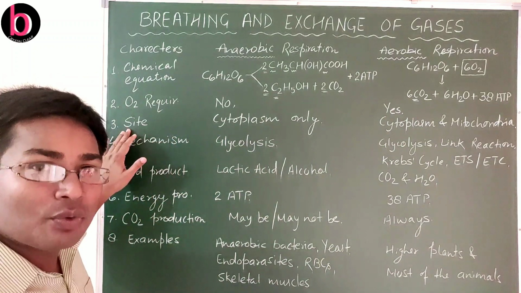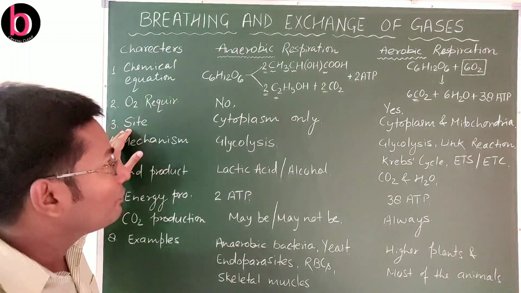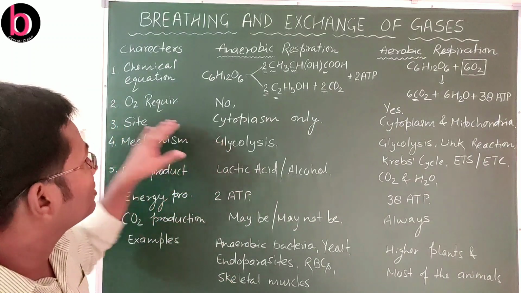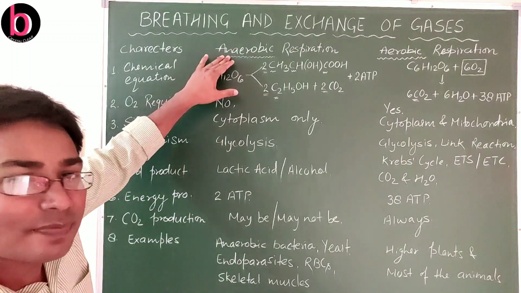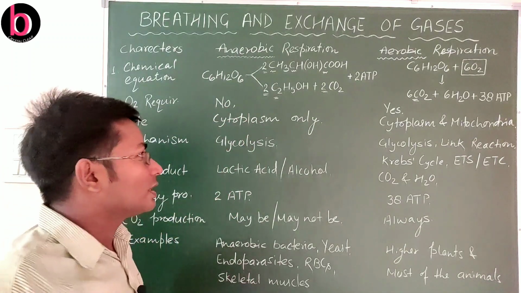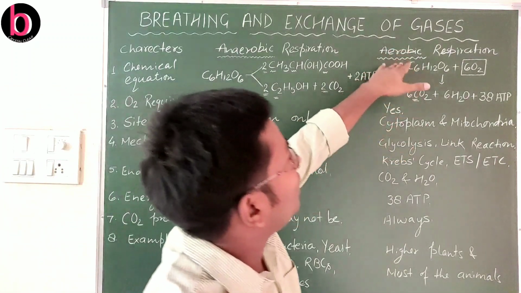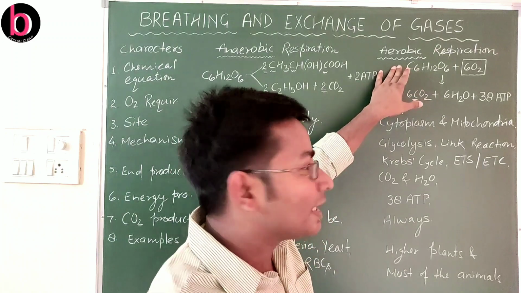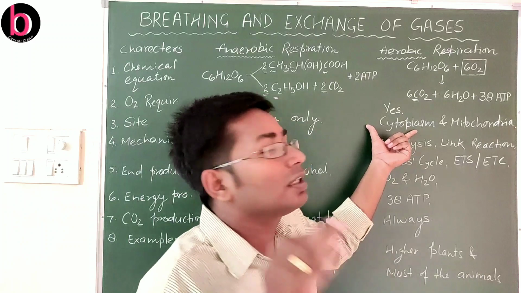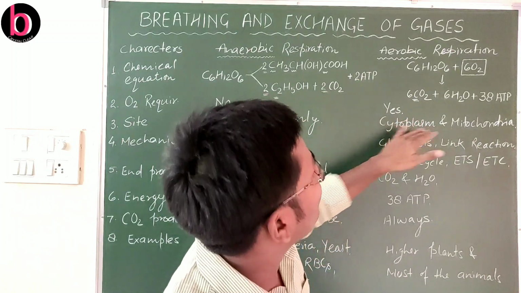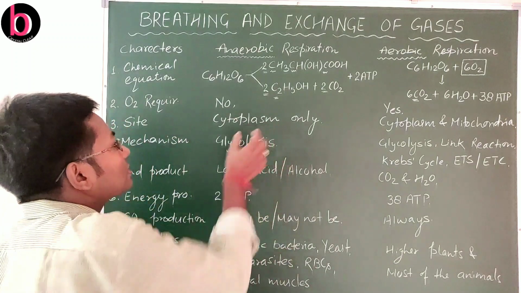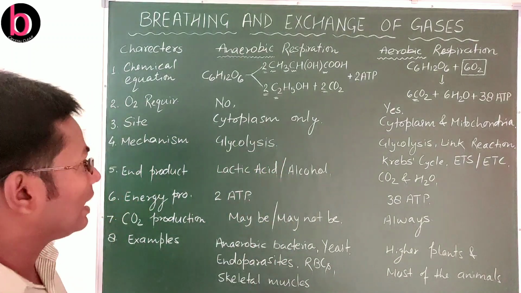Now the third one is about the site where these 2 reactions take place. Anaerobic respiration takes place in the cytoplasm of the cell, while aerobic respiration needs mitochondria along with cytoplasm. So here there is need of cytoplasm with mitochondria, but this requires only cytoplasm.